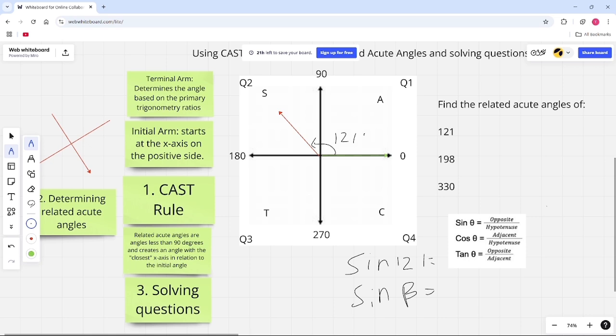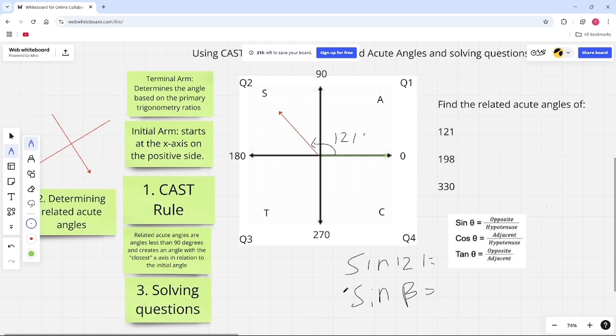Now, of course, this will be different for cos or tan due to the CAST rule. However, its magnitudes will be the same. So what I mean is sine 121 and sine beta, or the related acute angle to 121, will equal the same value.